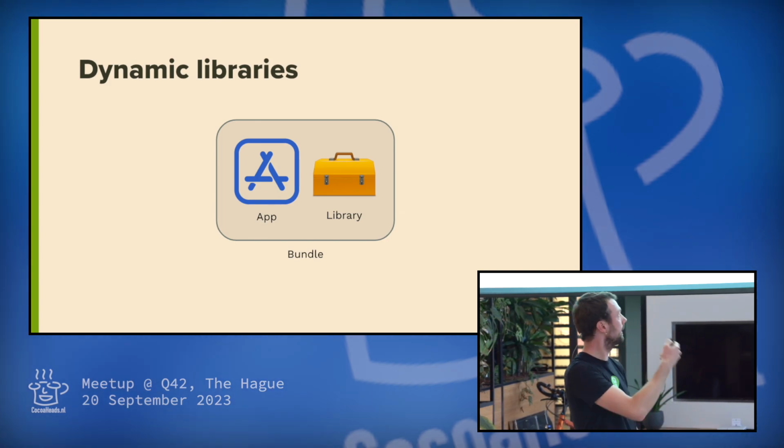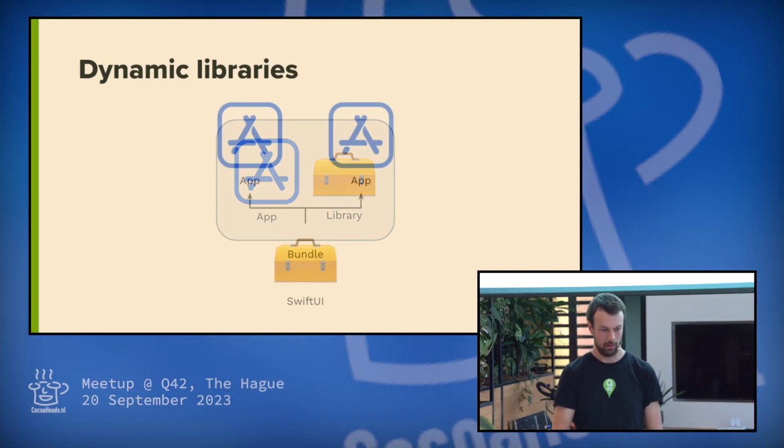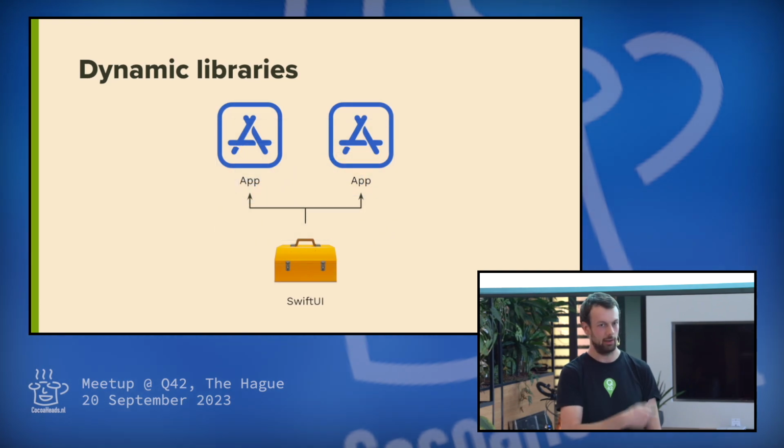And as soon as you start up the app, the system loads the libraries. And this is nice because in case of system libraries like SwiftUI or UIKit, the virtual memory system can do its magic. So when an app launches and uses SwiftUI, if there is already a copy of the SwiftUI framework loaded into memory, the system can just reuse that. It doesn't need to make an extra copy in RAM.